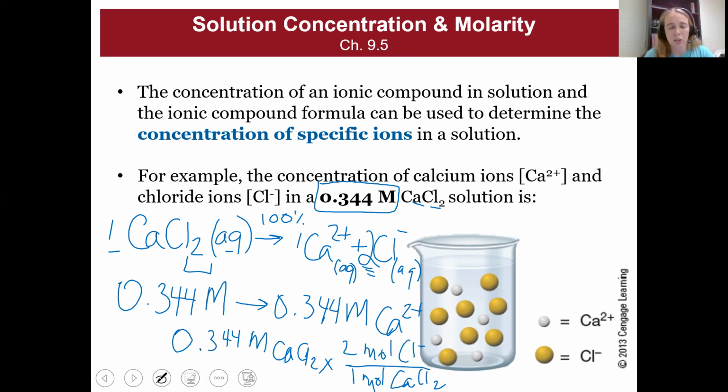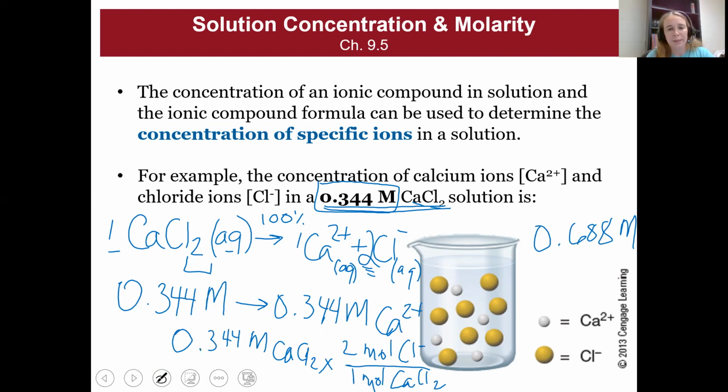So the concentration of chloride ion should be twice as much. It should be 0.688 molar.